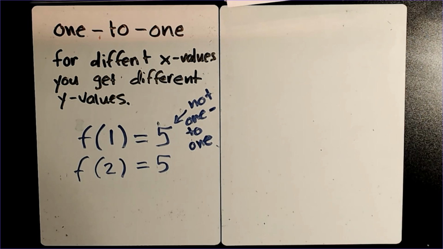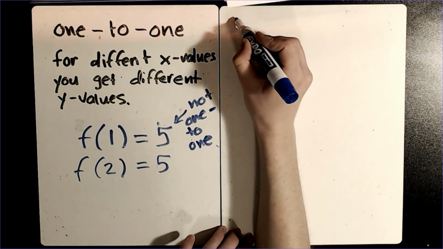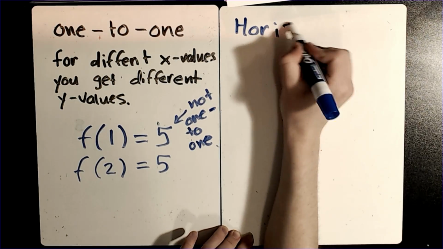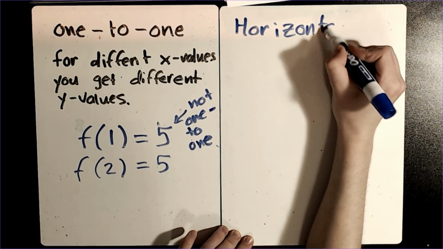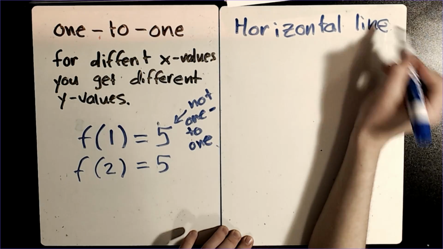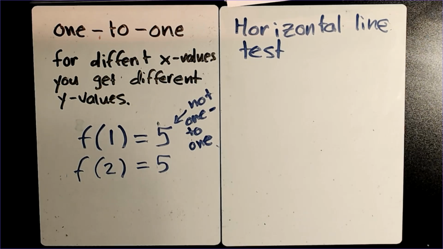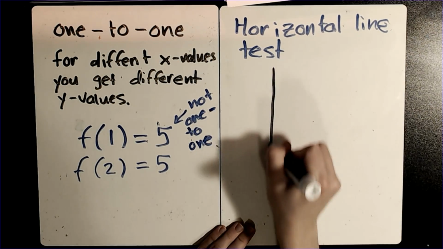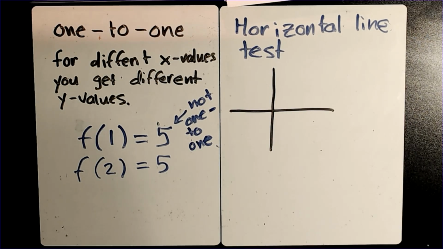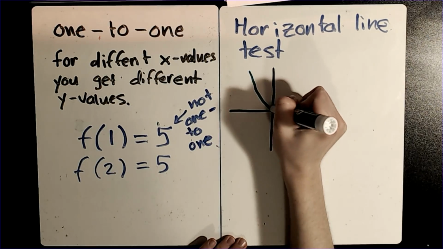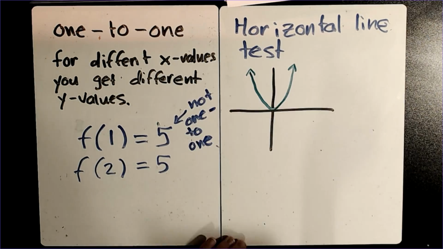Something else, how you can kind of tell whether a function is one-to-one. We had kind of a test for doing it, and that was the horizontal line test. Okay. If you have a function of some sort, I'm going to maybe start with a basic parabola, an x squared. Okay, so we draw in this x squared here, this nice little parabola.